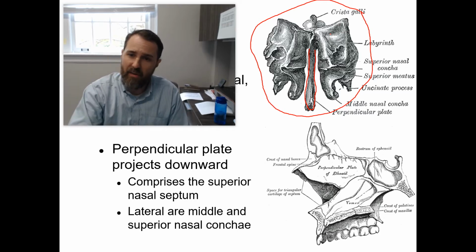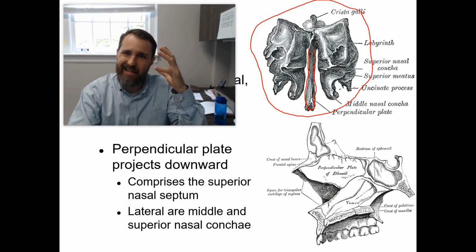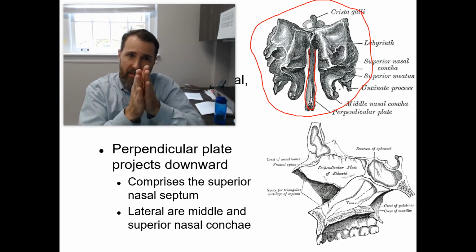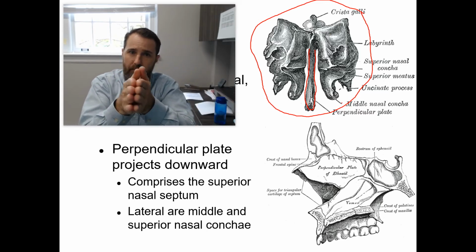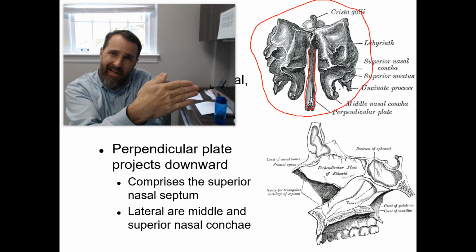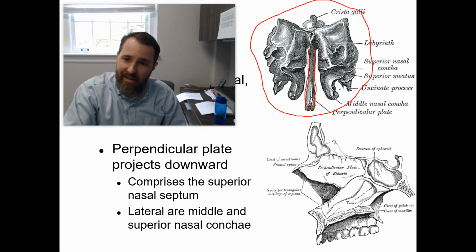But if we turn it sideways, you see that it is the perpendicular plate of the ethmoid that forms the superior bony portion of the nasal septum.